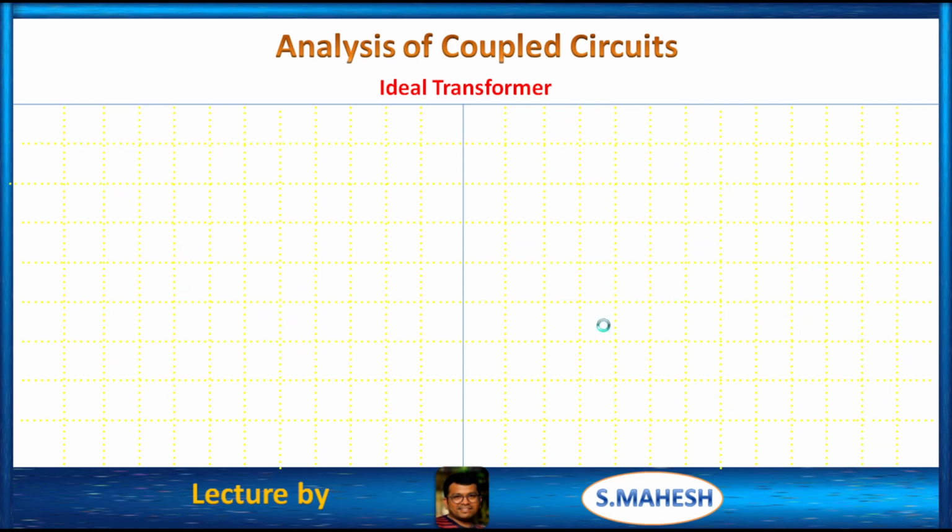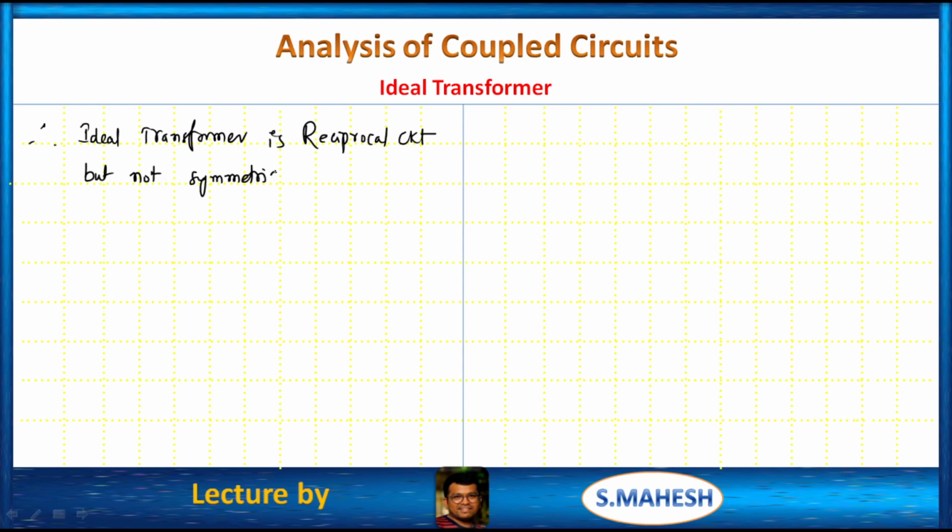But this is not symmetrical. Therefore, an ideal transformer is a reciprocal circuit but not symmetrical, right?